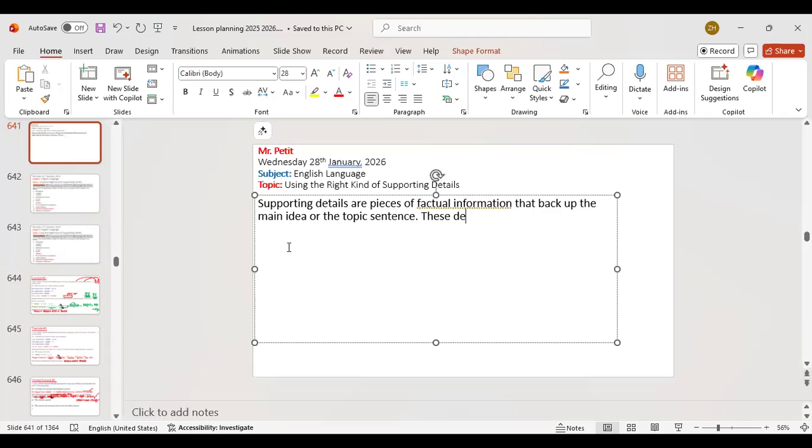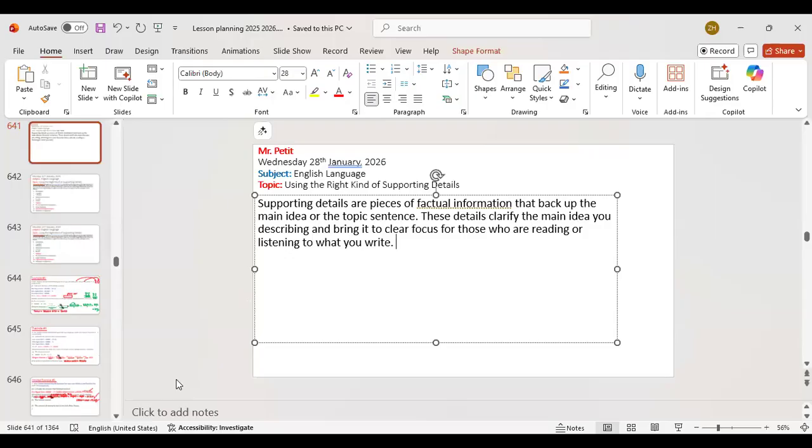These details clarify the main idea you are describing and bring it to clear focus for those who are reading or listening to what you write.